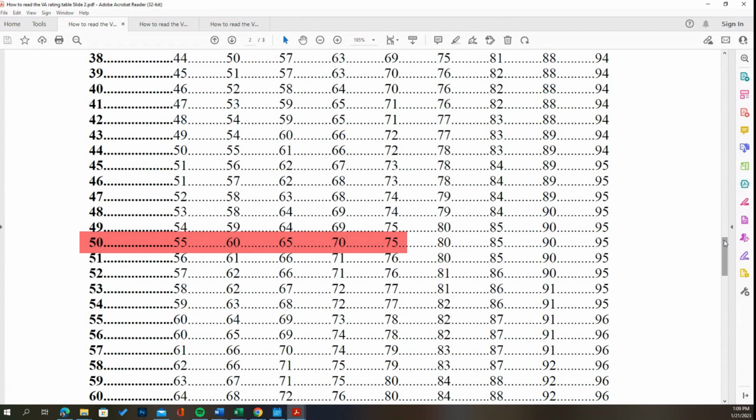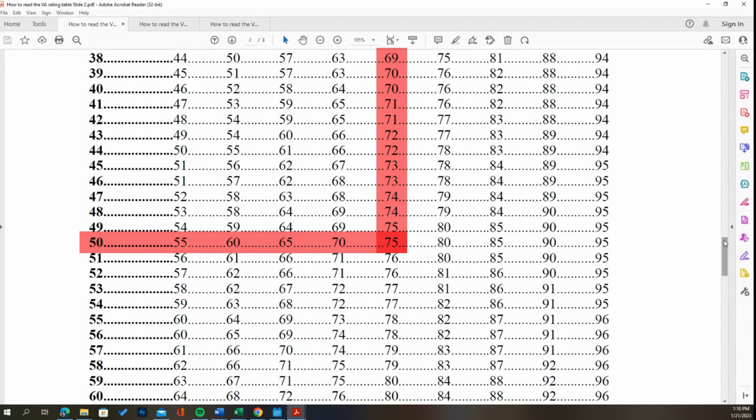One is at 55, two is at 60, three is at 65, four is at 70, five is at 75, which represents the 50%. For the sleep apnea, that's 75%. I'm writing this down as I go, because I want you all to understand this VA math. So now we have the 50 and 50 comes out to 75.